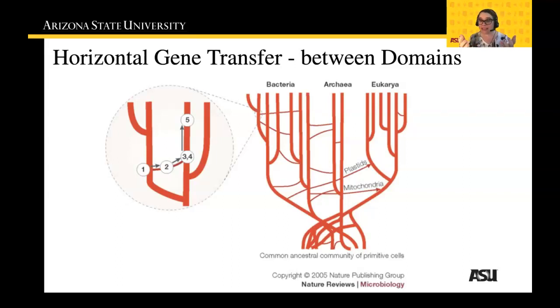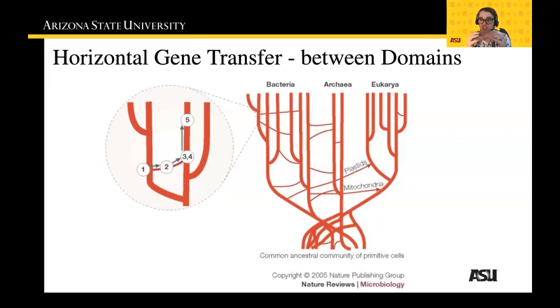The chloroplasts form from cyanobacteria, this engulfing of another organism and using and incorporating its DNA into your own, eventually over time becoming one organism. These are horizontal gene transfers that occurred millions and millions of years ago.